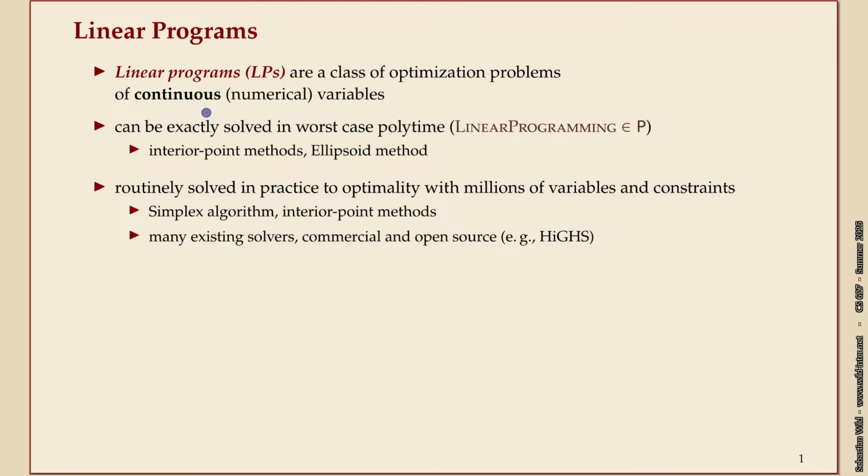It does have a combinatorial flavor to it, but we'll come back to that. So it's always something you want to minimize or maximize. That's what optimize means. And there are some side conditions that constrain you in doing that. Now, the interesting bit about linear programs is that they can be solved exactly in polynomial time in a completely clean sense.